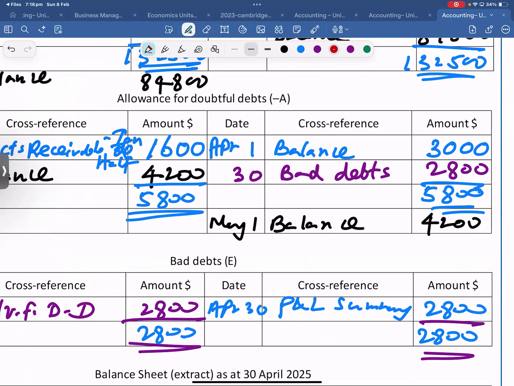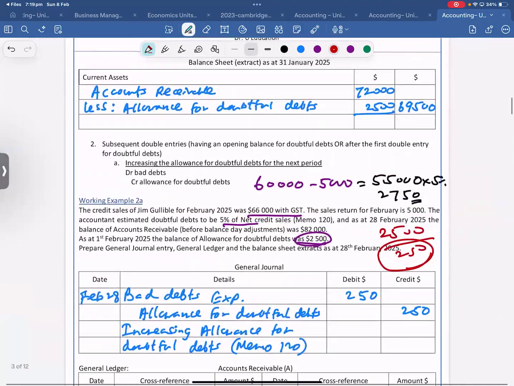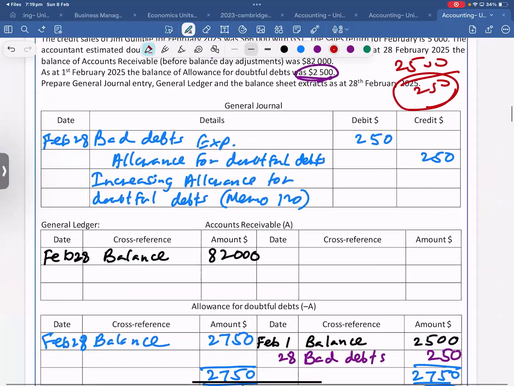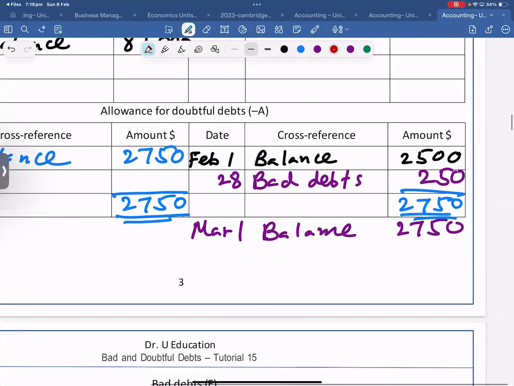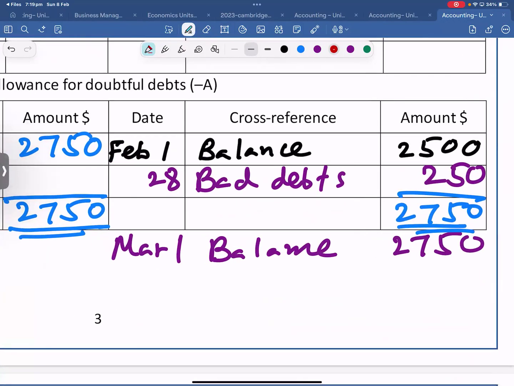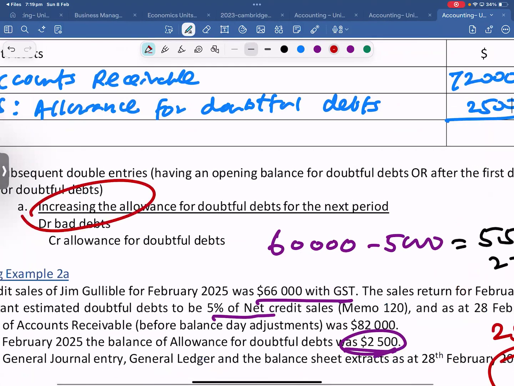Now, when we finish this period, what is our estimation? 4,200. That means we have increased the allowance for doubtful debt by how much? 1,200. That's what we did in the second scenario, my second example 2A. We had 2,500 become 2,750, increased by 250. That's what I gave you, increasing the allowance for doubtful debt.